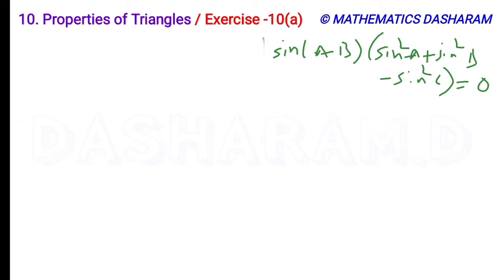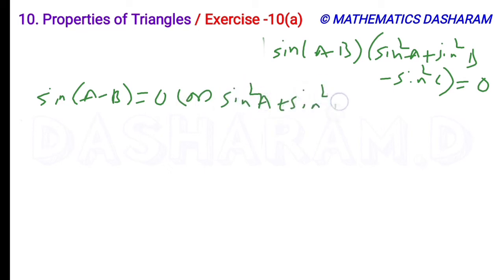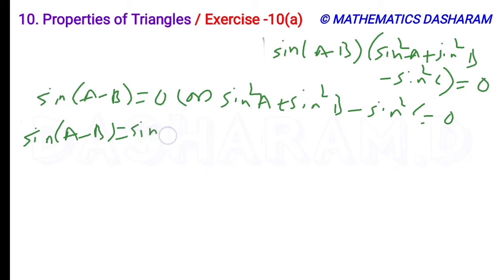What is the first term here? Sin(A − B) equals 0, or sin²A + sin²B − sin²C equals 0. So sin(A − B) equals 0, which in the trigonometry table equals sin 0 degrees.